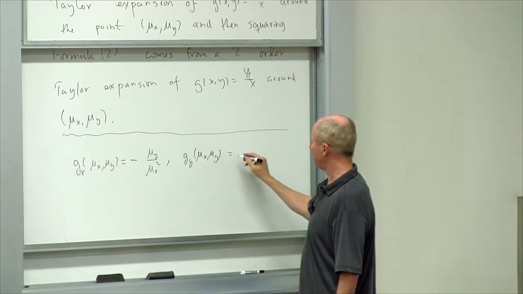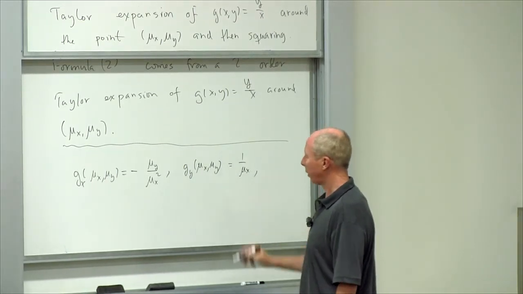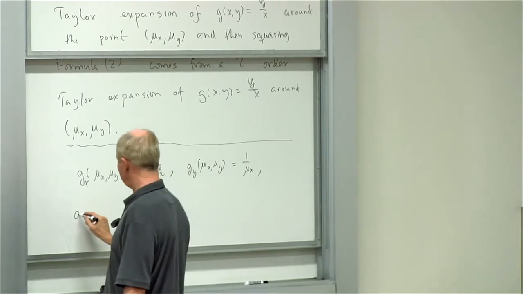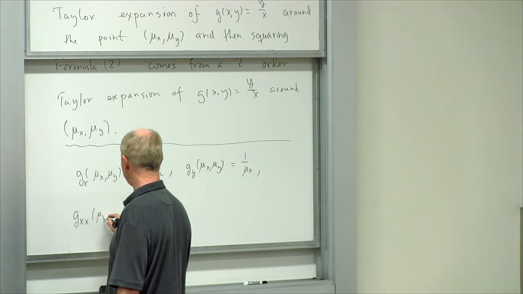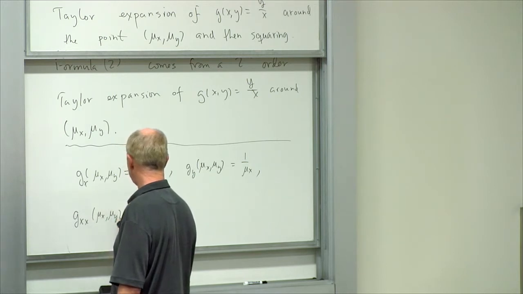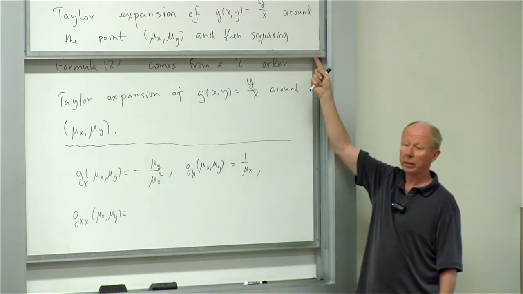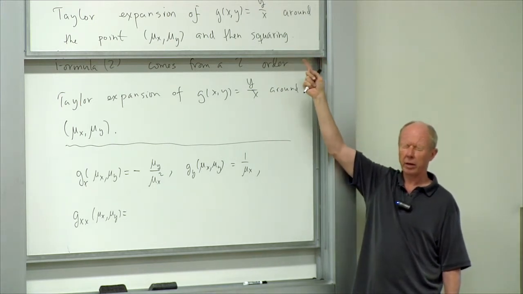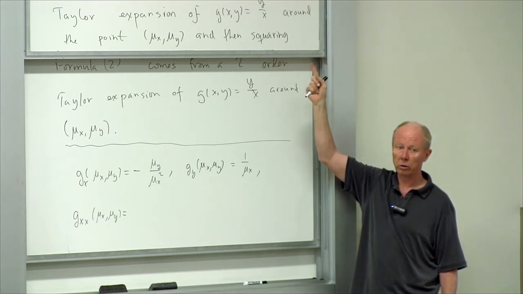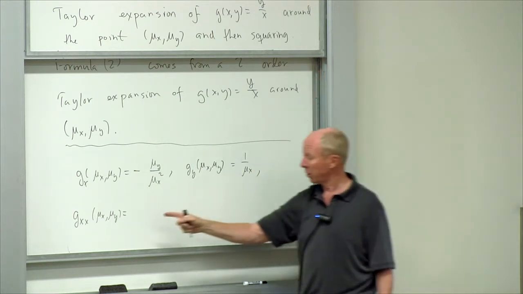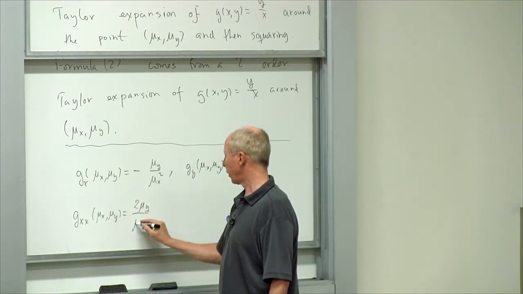Evaluated here, I get 1 over mu x. G xx, evaluated at mu x, mu y: the first derivative in x is minus y over x squared, and the next derivative would be 2y over x cubed. So here I get 2 mu y over mu x cubed.